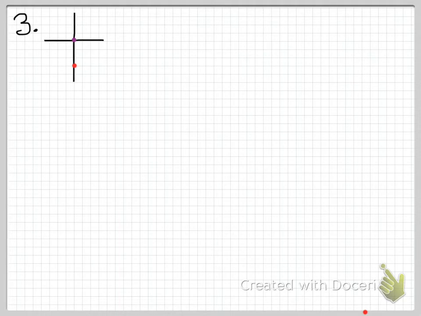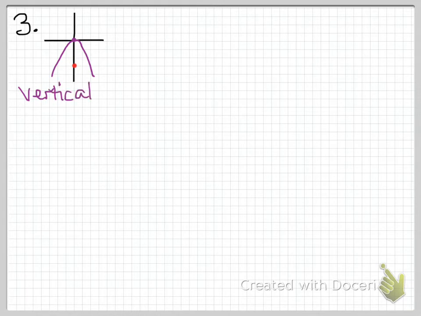Now, sketch out our graph there. And we have a vertical graph that opens down. Remember, it wraps around the focus. So this is a vertical parabola.